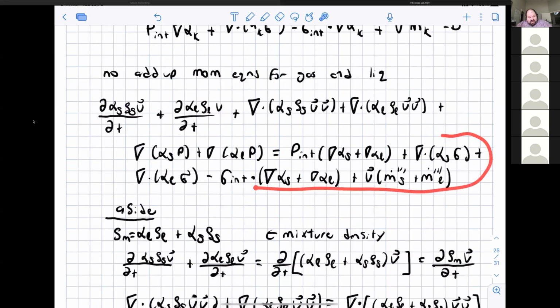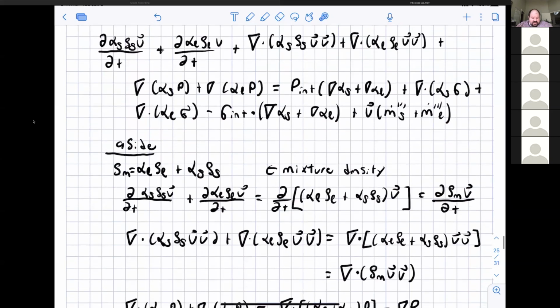But this equation actually simplifies extremely nicely. As an aside, first we can define a mixture density as just the sum of the volume fraction of the liquid times the density of the liquid plus the volume fraction of the gas times the density of the gas. So this here is called the mixture density.